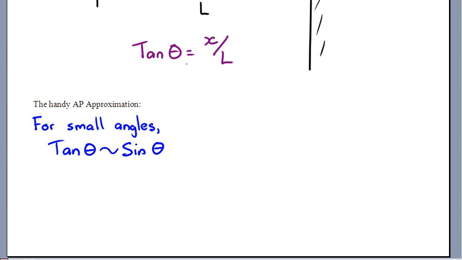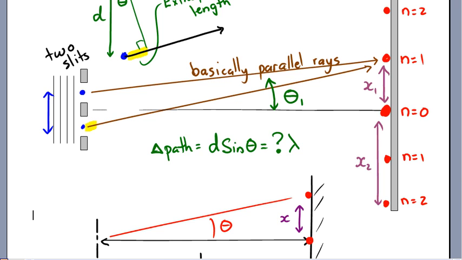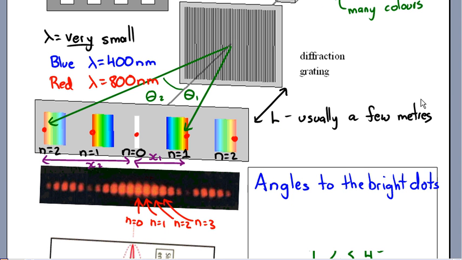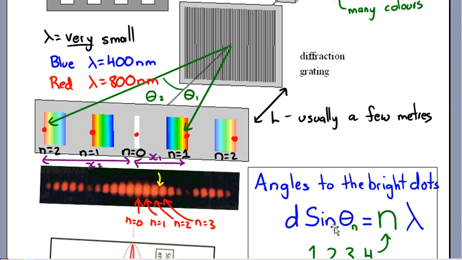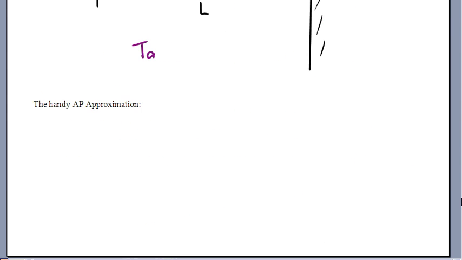I've got this grade 10 trigonometry here that says x divided by L is equal to tan of theta. But then on the first page, we said that d sine theta is equal to n lambda. Well, if I divide by d, sine theta would be n lambda all on top of d.